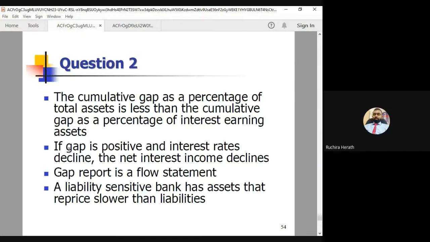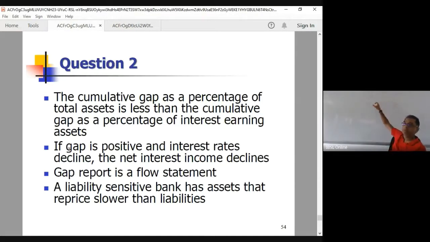I just took an example, yes, just to show you all the calculation. Because the total assets are going to be definitely more than interest-bearing assets, right? So because of that, you're going to have a lower percentage from the gap there.